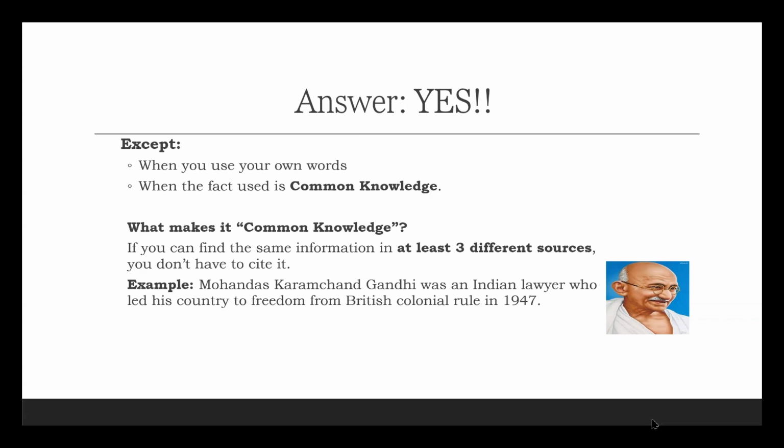For example, Mohandas Karamchand Gandhi was an Indian lawyer who led his country to freedom from British colonial rule in 1947. This is known by everyone. That is common knowledge. So these types of statements are not cited.